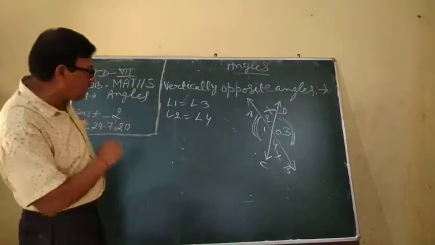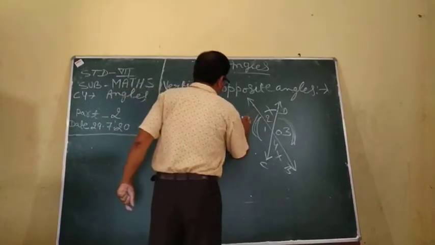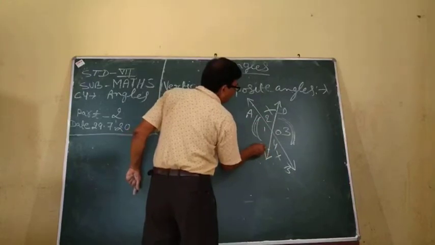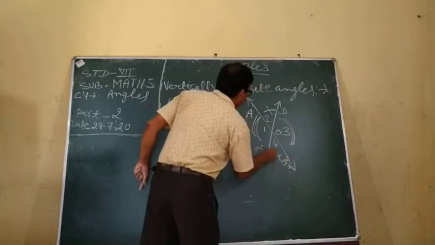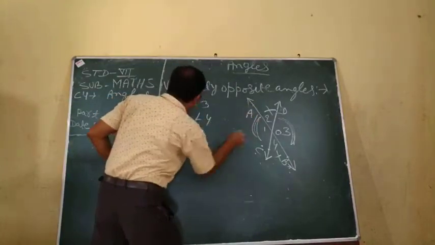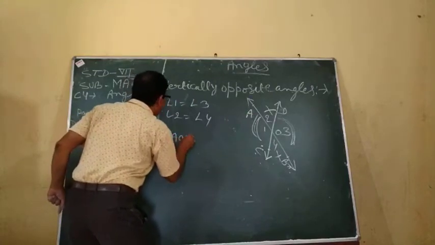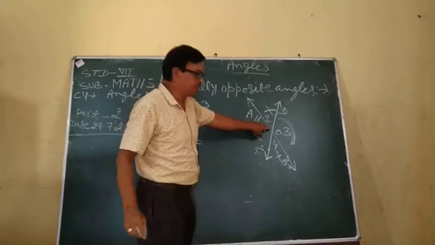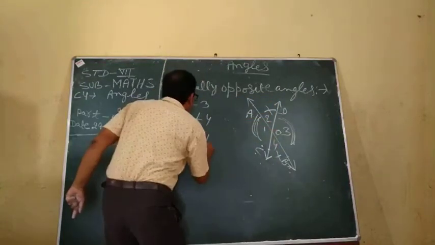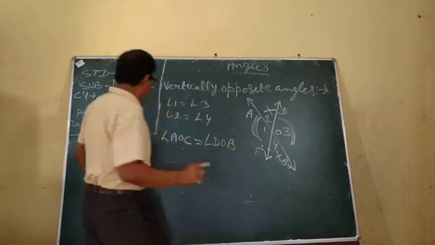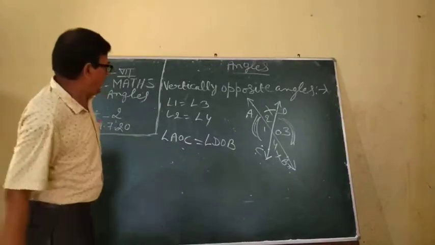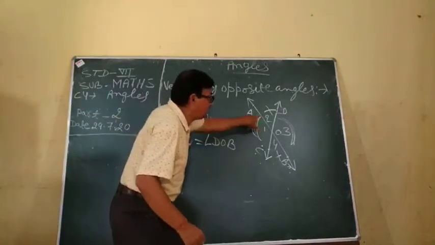Now in mathematical form, how can you write angle 1? Where is angle 1? Angle AOC. So in place of angle 1, you can write angle AOC. Now angle 3, how will you write it? Angle DOB. Another student says, no sir, I will write angle COA.